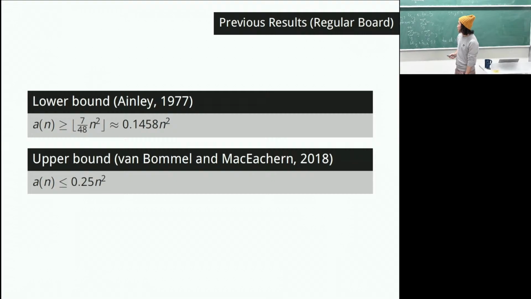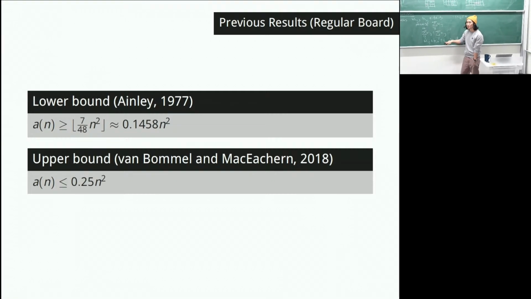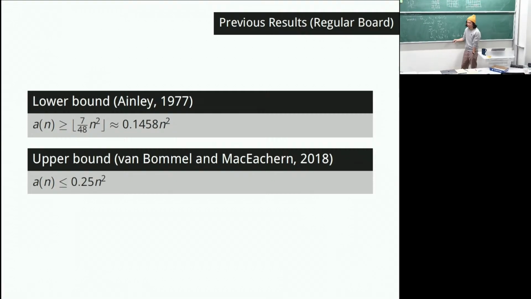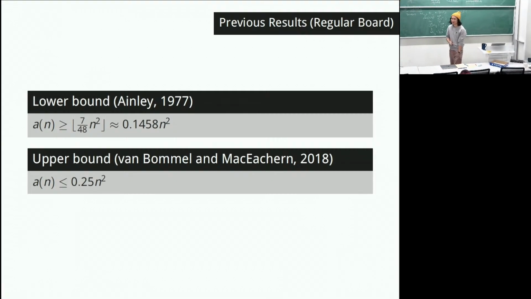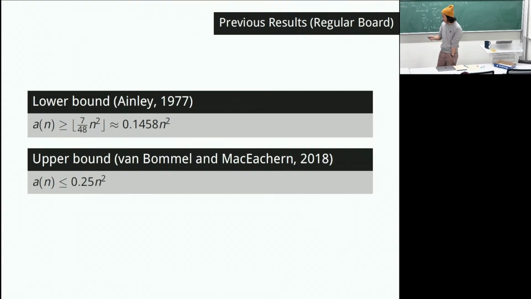Yeah, you might place half a black queen and half a white queen in every box, and you would satisfy these constraints, because they would add up to 1. So you would get a pretty bad bound of half of n squared.